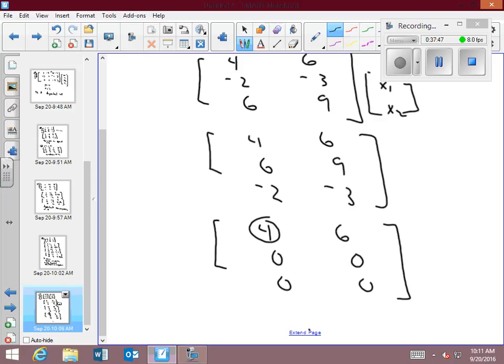Which one is this? This is 16. Now, 18 would be by theorem 8. It's linearly dependent because of the number of vectors.